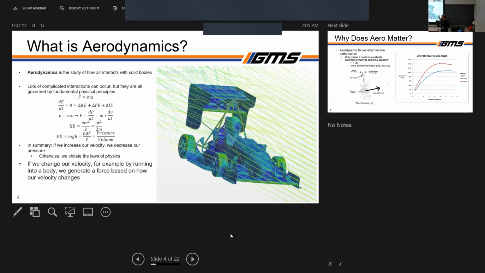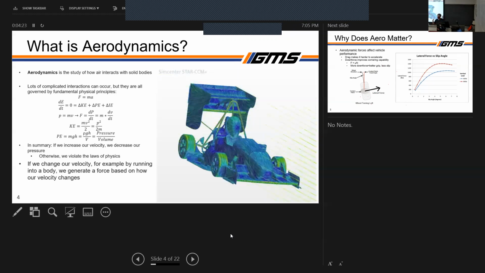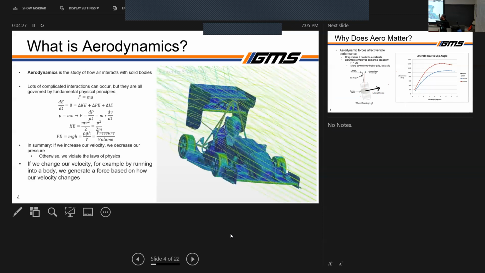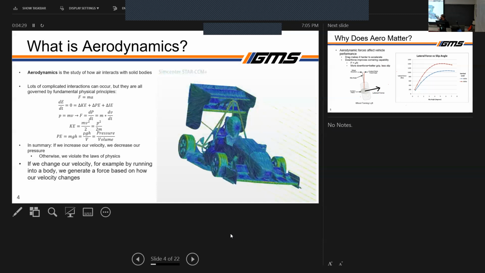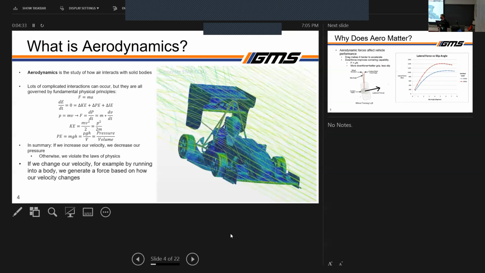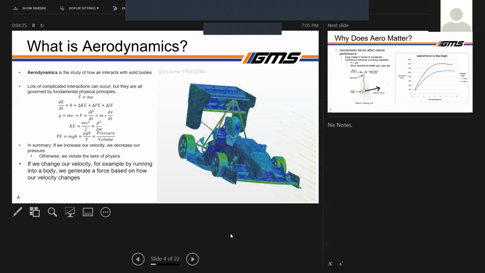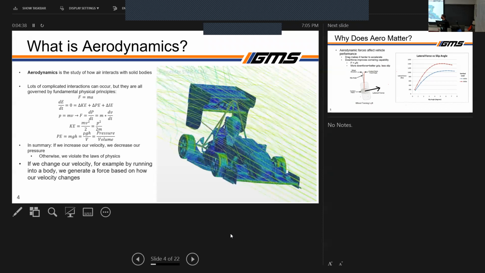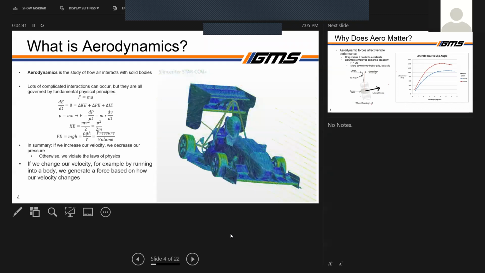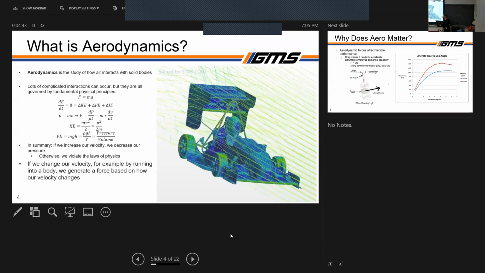Consequently, our potential energy needs to change due to the second equation because that condition always needs to be met. The kinetic energy and potential energy need to cancel out. So all of this is to say, when we have kinetic energy and we end up increasing it by changing our momentum, and that momentum change comes from the interaction with some kind of a solid body, we end up changing the momentum of the fluid.